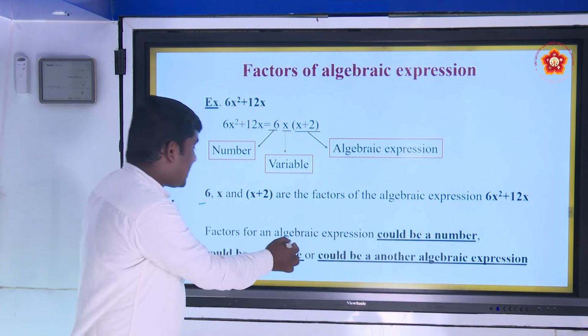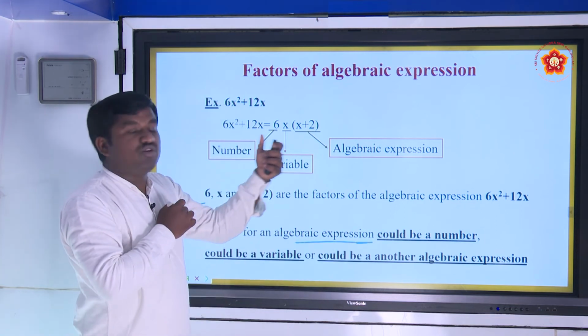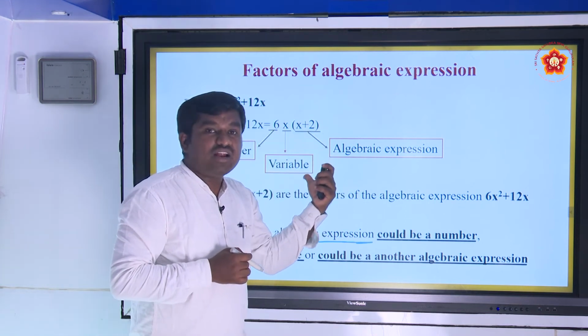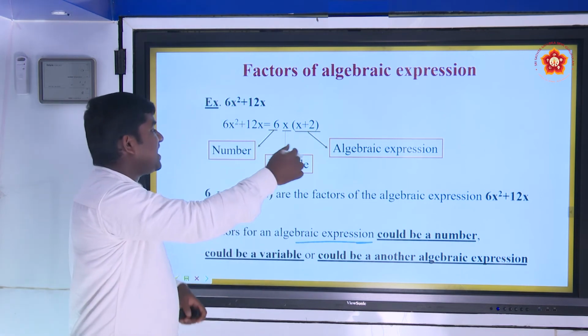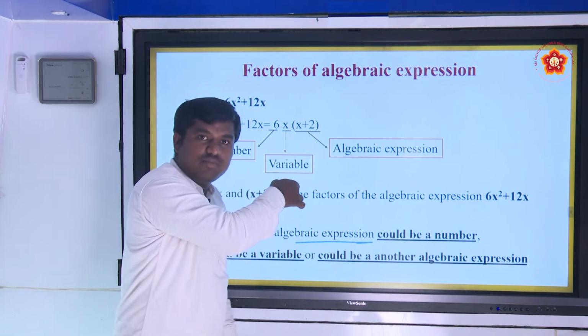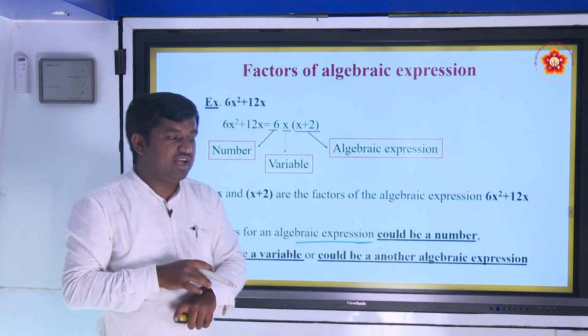But factors of an algebraic expression could be a number, could be a variable, or could be another algebraic expression.